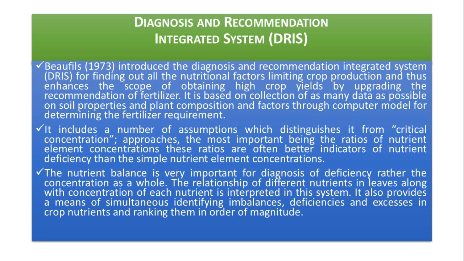The relationship of different nutrients in leaves along with the concentration of each nutrient is interpreted in this system. It also provides a means of simultaneously identifying imbalances, deficiencies, and excesses in crop nutrients and ranking them in order of magnitude.